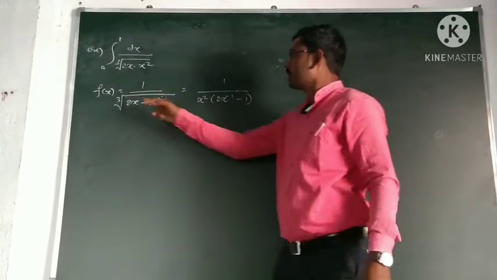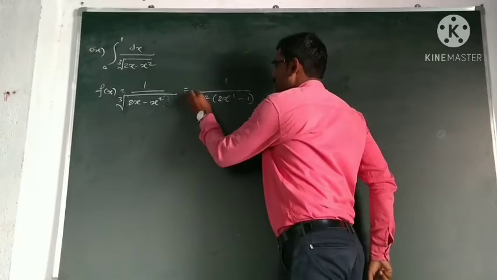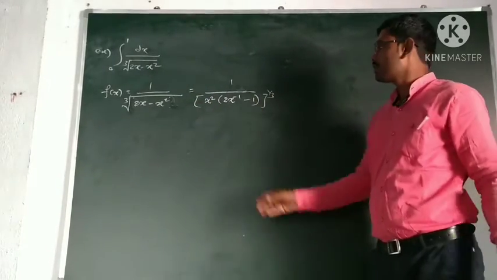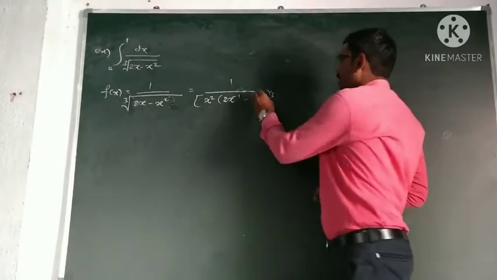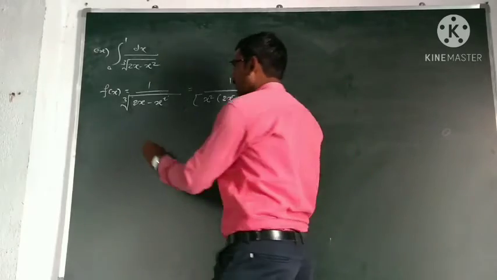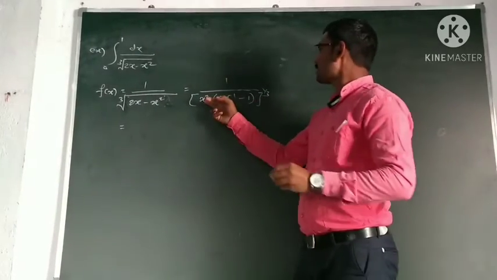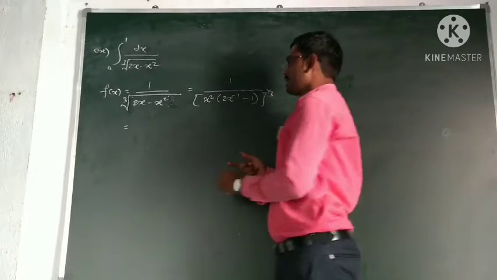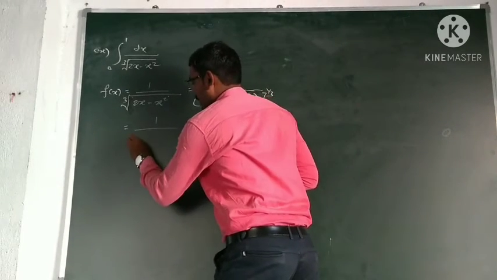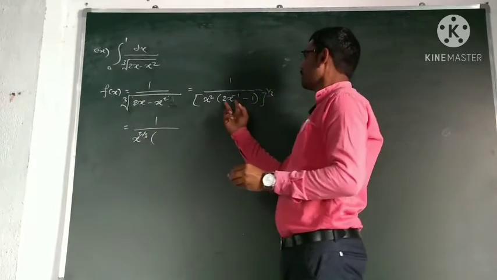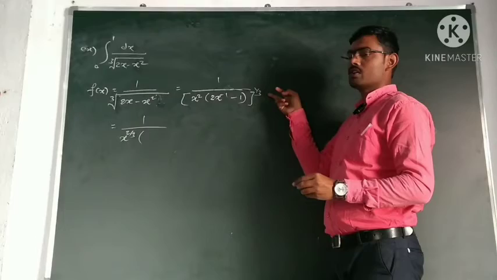And this is the cube root, so it is raised to the power 1 by 3. Now we will make a separation here. This is equal to x to the power 2 raised to the power 1 by 3, which means x to the power 2 by 3, so 1 upon x to the power 2 by 3 into twice x inverse minus 1 raised to the power 1 by 3.